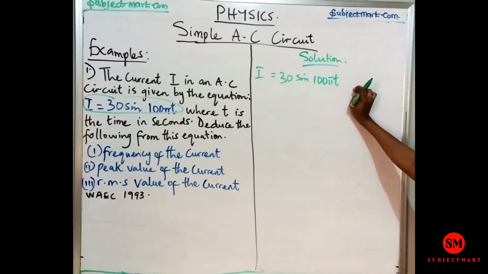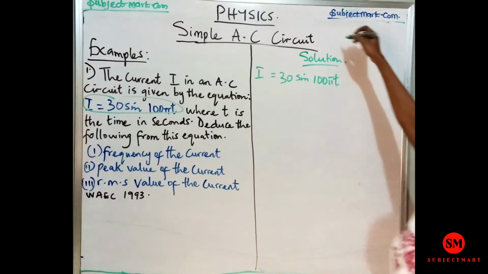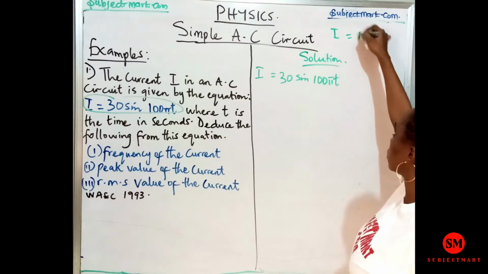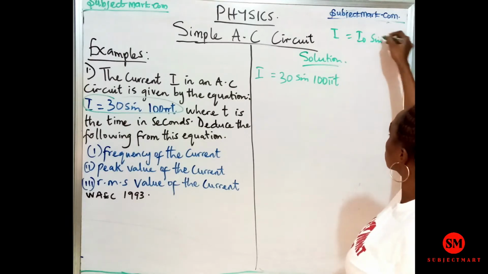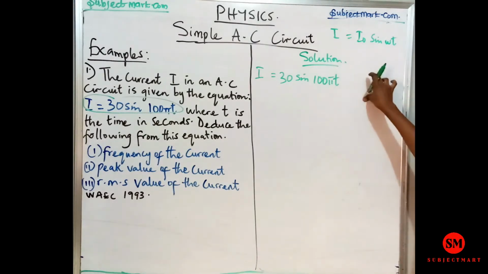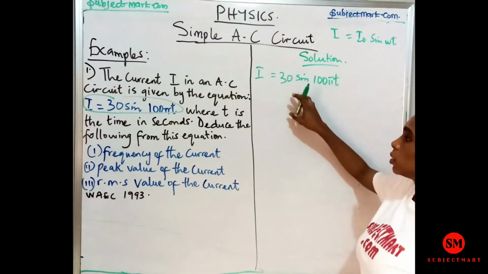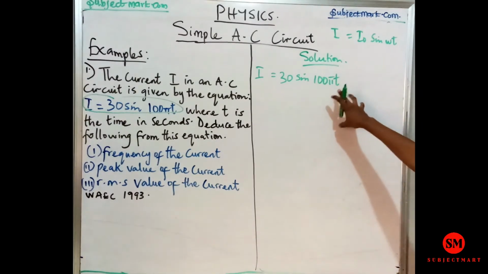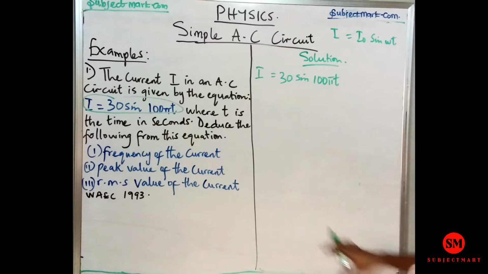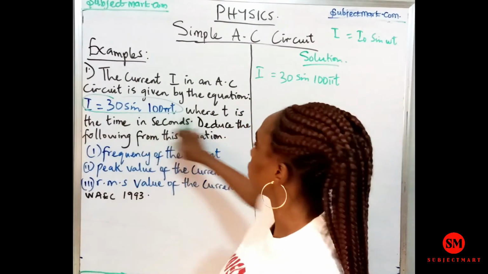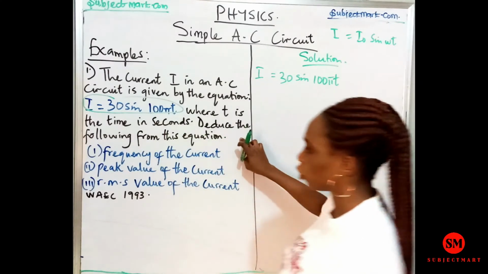If you look at this equation and you compare it with the one I gave us initially, you agree with me that both of them are similar. So the current that we are given here is the same thing as our instantaneous current. From this question, they said where t is time in seconds, deduce the following from this equation.